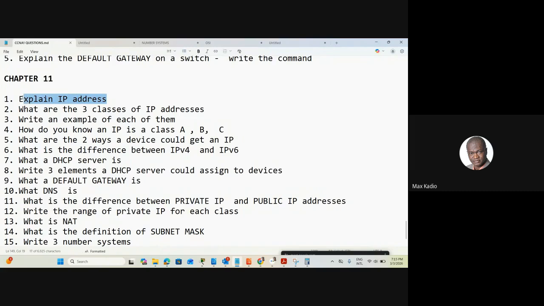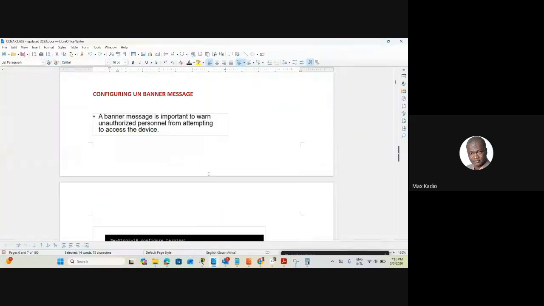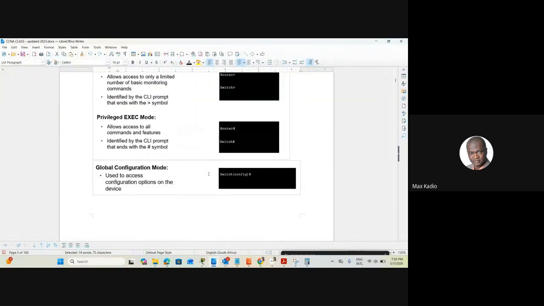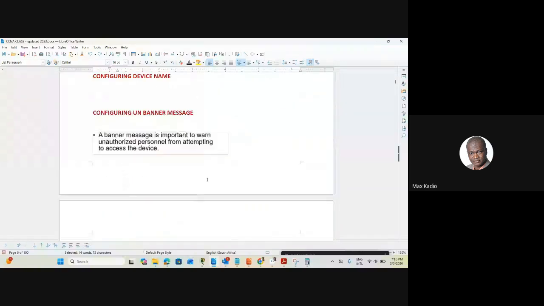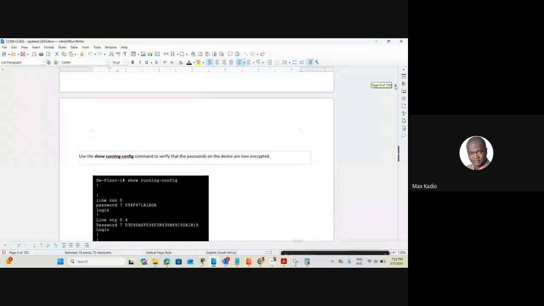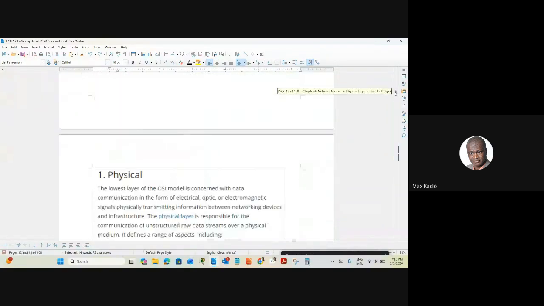We did check 3 classes of IP addresses: class A, B, and C. How do we know whether this one is class A, class B, or class C? A quick revision, let's go there. It takes time to find it, but let's go there.